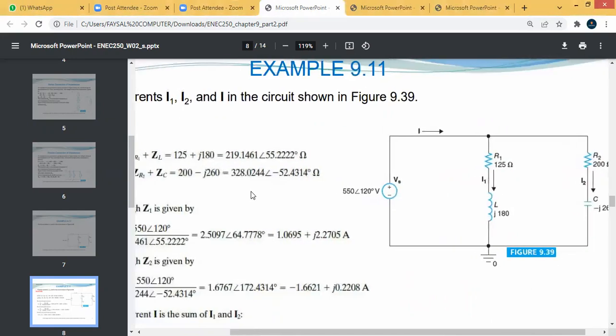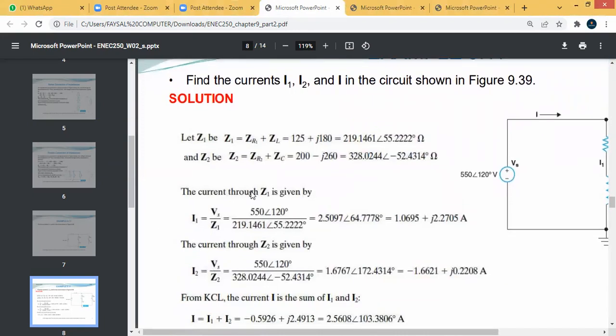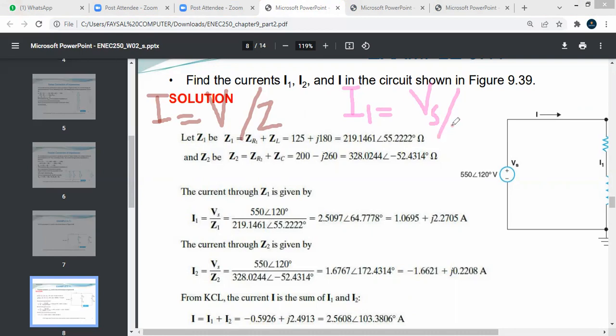Now for this, we will start from the same parameter, as we know that the value of I equals V upon Z. So the I1 value will be V, where V is my voltage source Vs, divided by Z1, and the second value is I2.